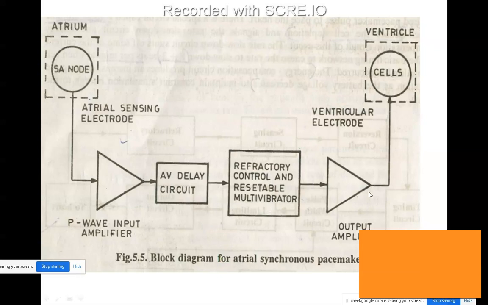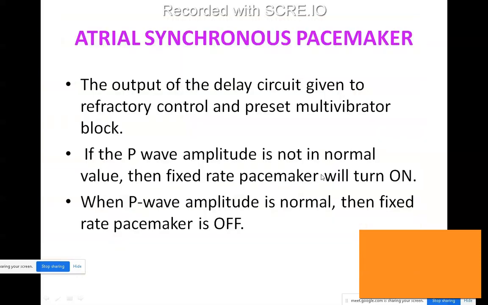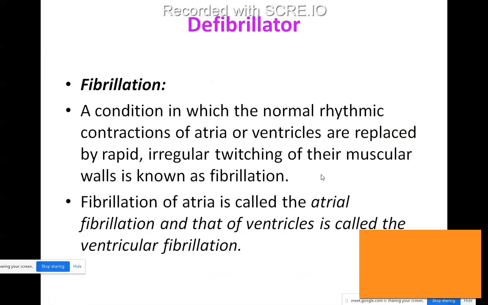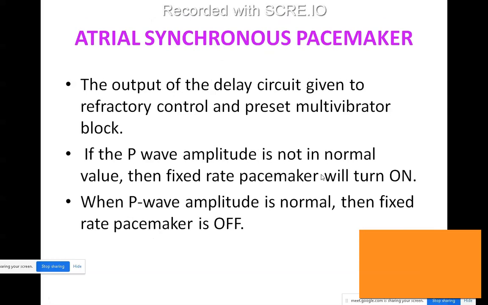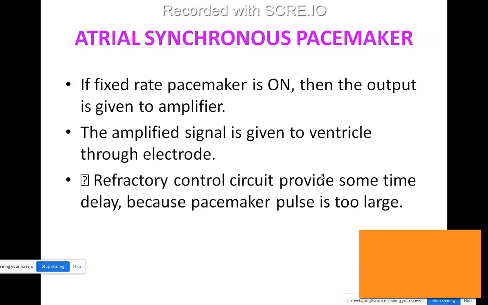That signal will be provided through this node, or electrode, which is placed on the ventricle. So the amplified signal will be given to the ventricle through the second electrode.